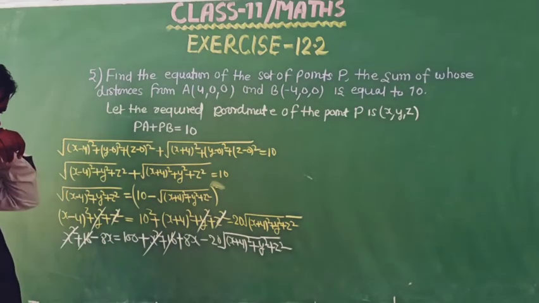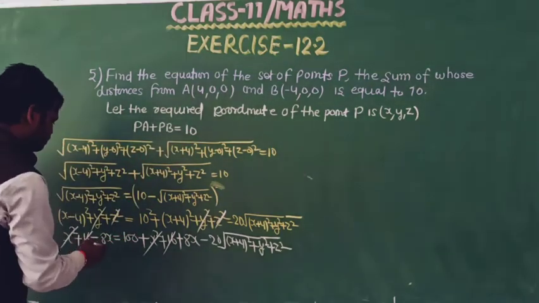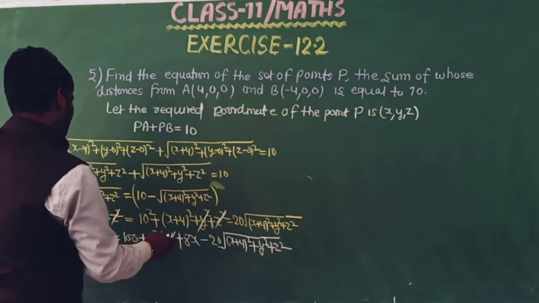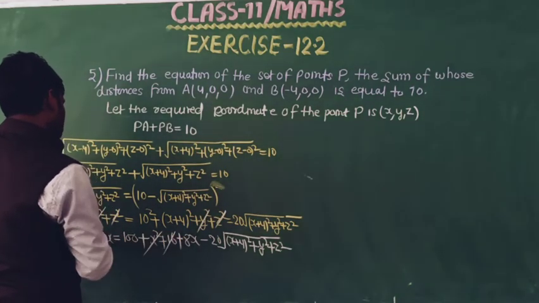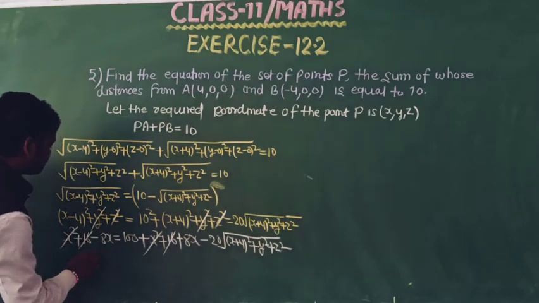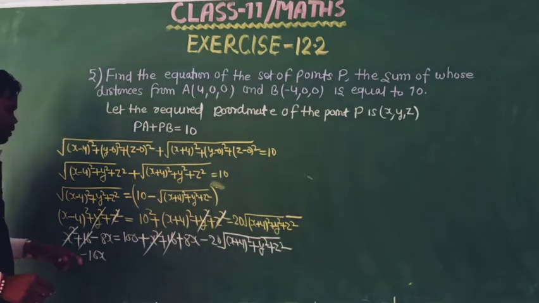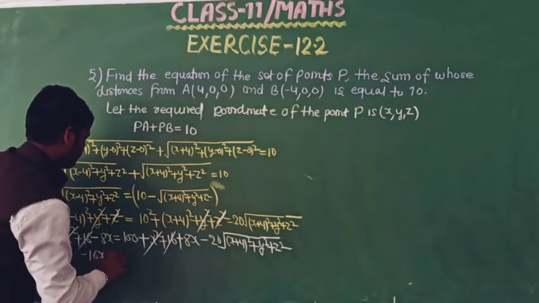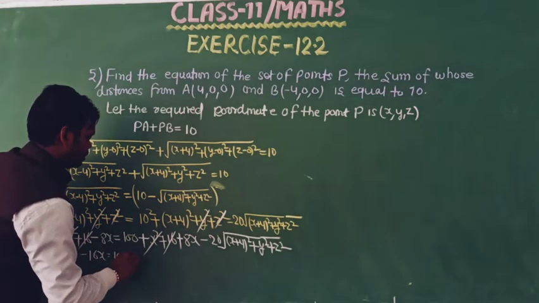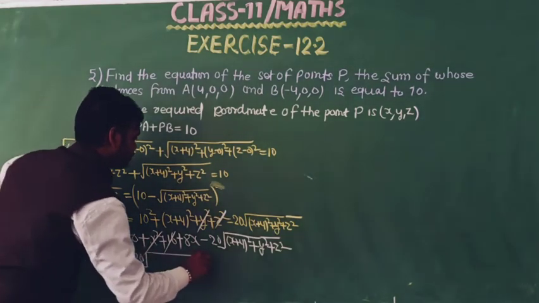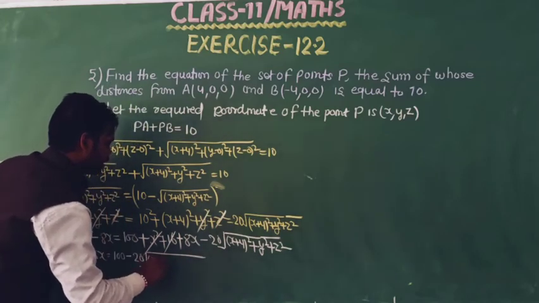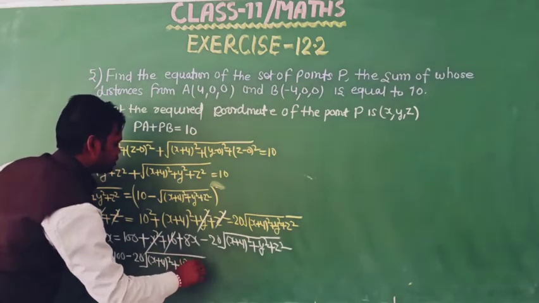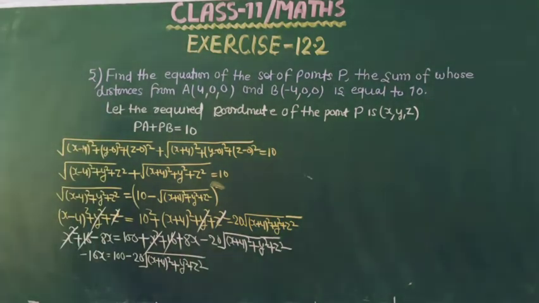So here we are left only with minus 8x, and shifting 8x on this side, this is minus 16x equal to 100 minus 20 times square root of x plus 4 whole square plus y square plus z square.